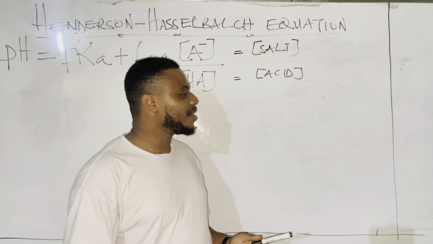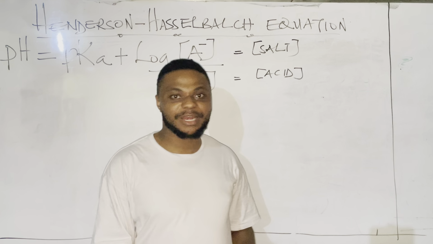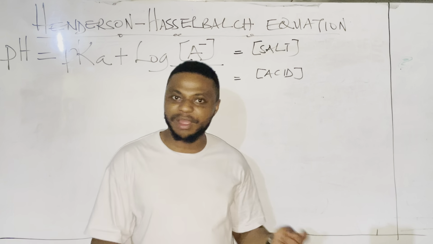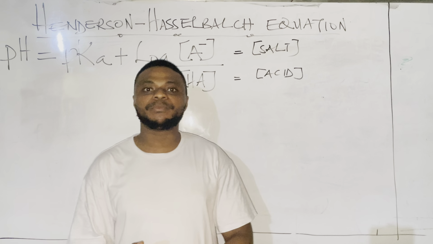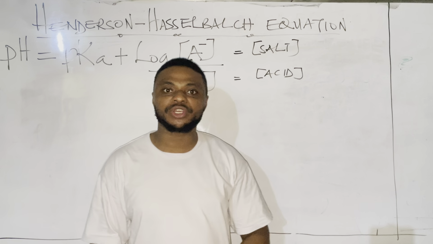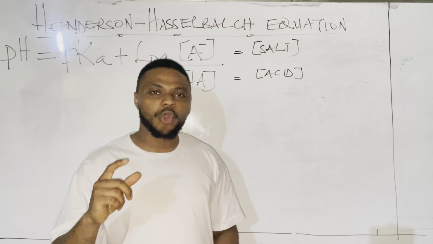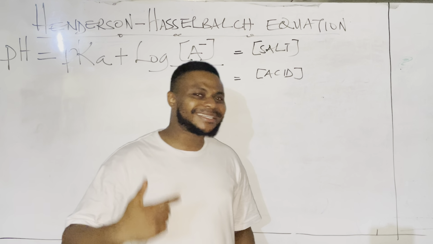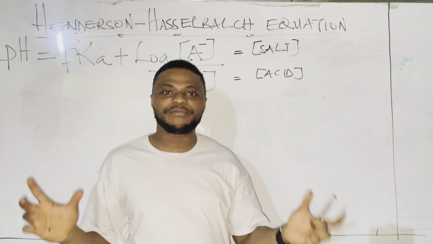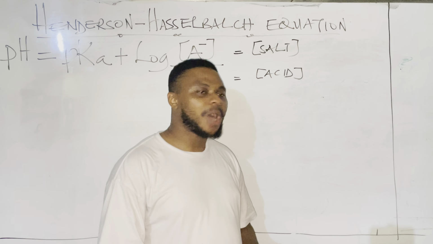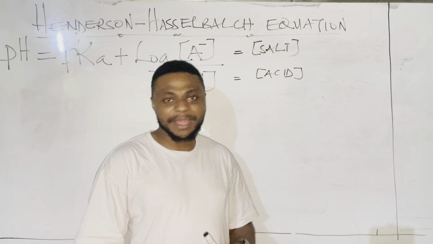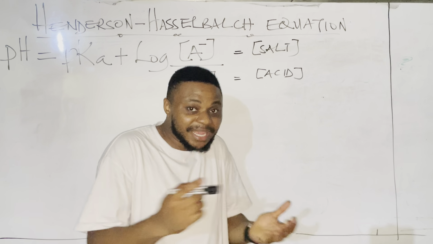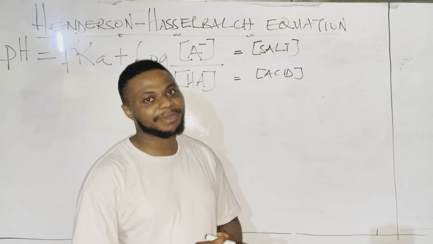So when we talk about buffer solutions, generally they are of two types: the acid buffer and the base buffer. The Henderson-Hasselbalch equation focuses primarily on the acid dissociation constant of the acid buffer. So how do we simply and easily derive this equation?